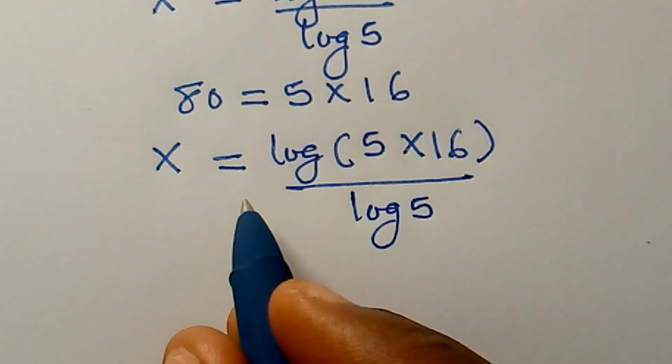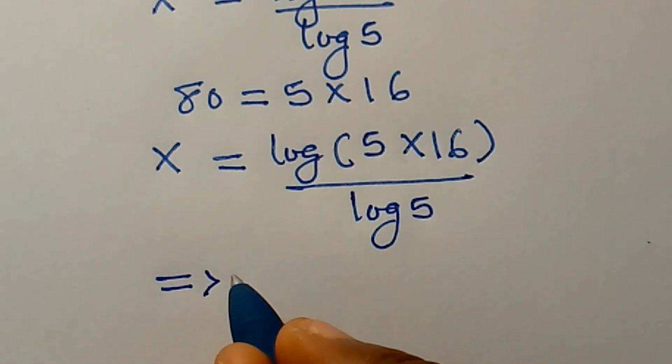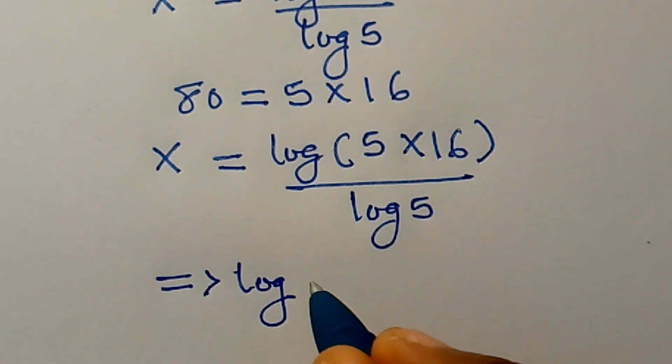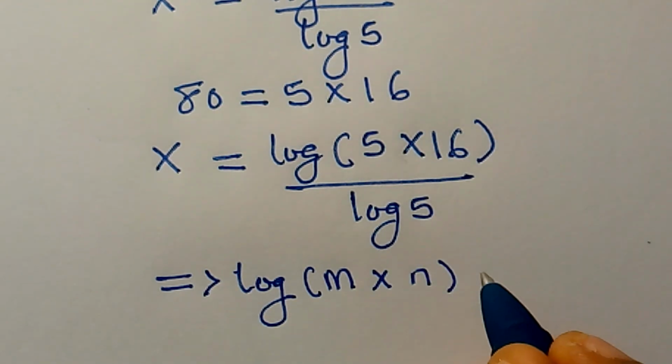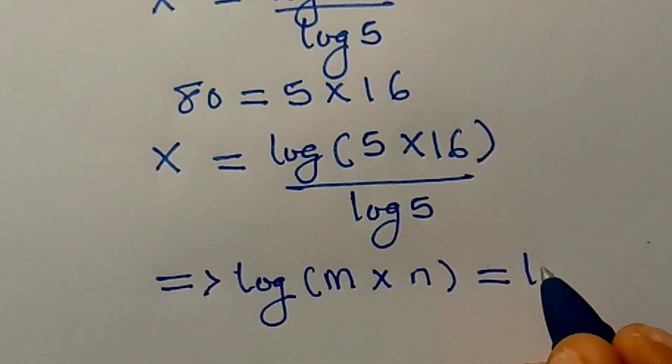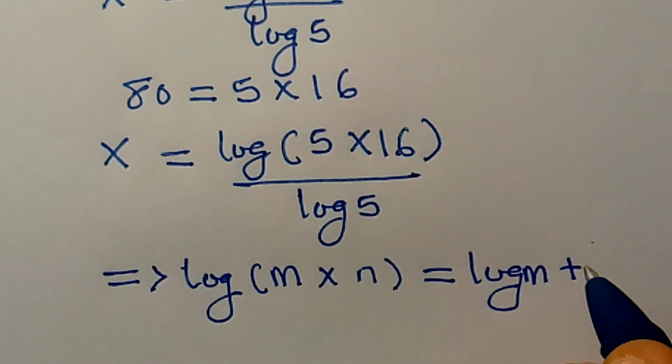From the law of logarithm, if you have log m times n, this equals log m plus log n.